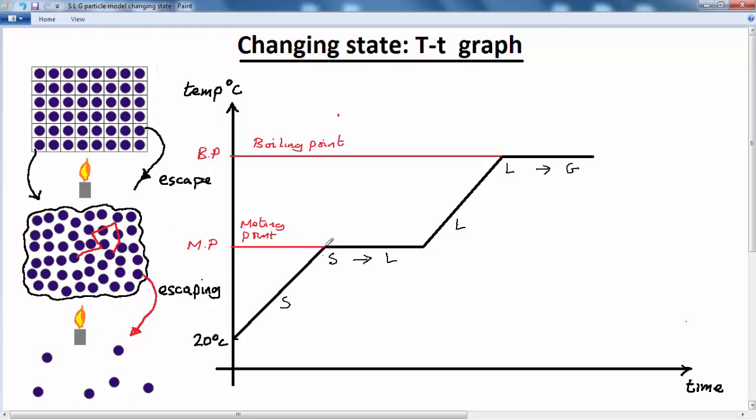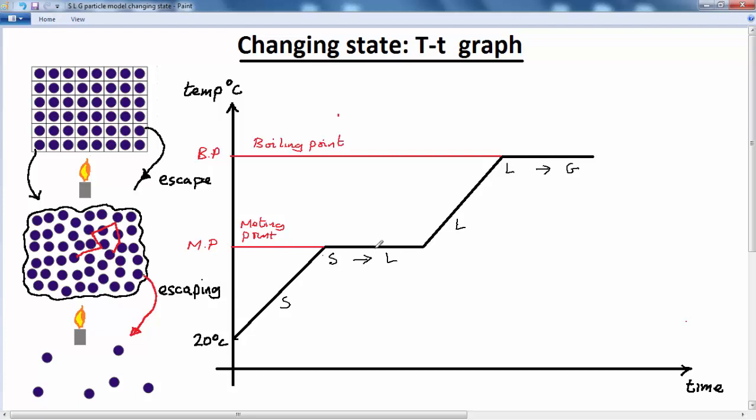When we get to this point here, the solid starts to melt, and while it's melting, this energy, instead of being used to increase the temperature of the solid, is now being used to help particles escape into the liquid state. And during this phase, the temperature of the substance remains constant.